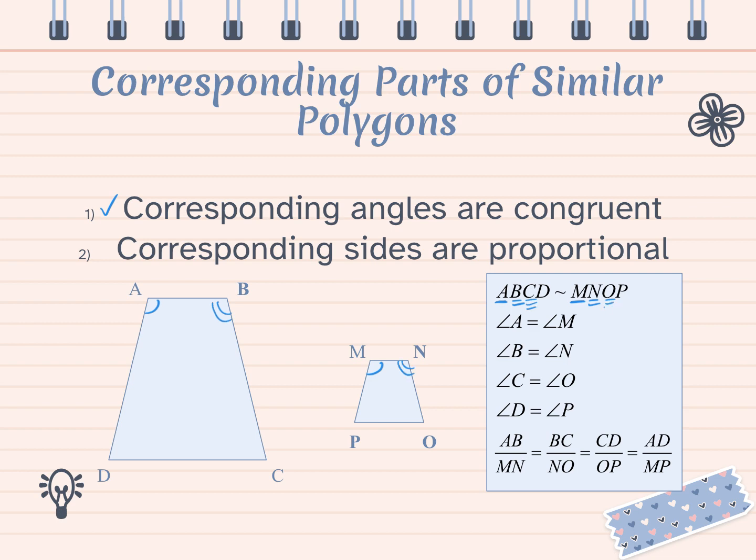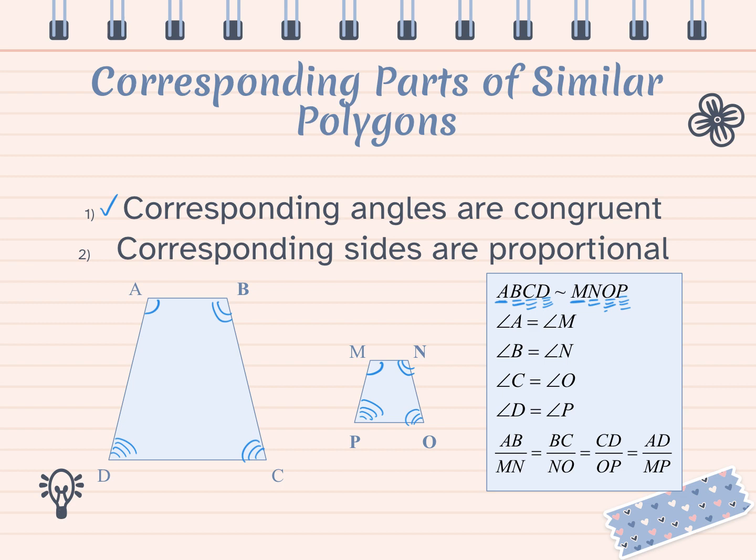Angle C goes with angle O, so C and O are corresponding and congruent. And then lastly, we have D and P, and angle D and angle P are corresponding and also congruent. So this is similar to what you've done in the past with congruent polygons.